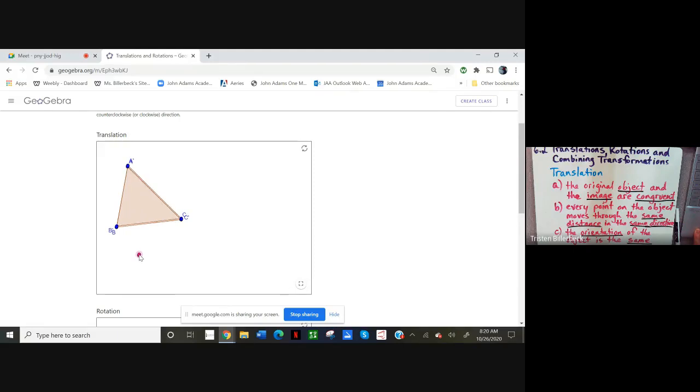When we translate, we can move it sideways on the x-axis, or we can move it on the y-axis, or we can move it both ways. That's a translation, so we do an X and then a Y. It's basically a slide. The object is the same orientation, congruent, etc.